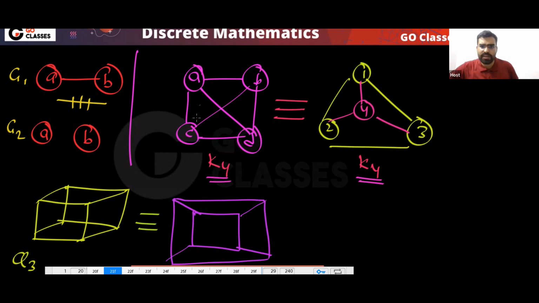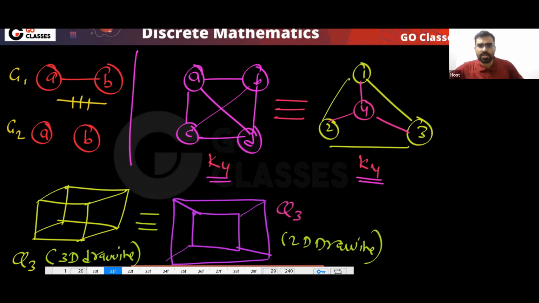This is a 3D drawing, and this is a 2D drawing. But anyway, they are basically the same. This is also Q3. So this Q3 you can draw like this, or like this. Basically, they are Q3.